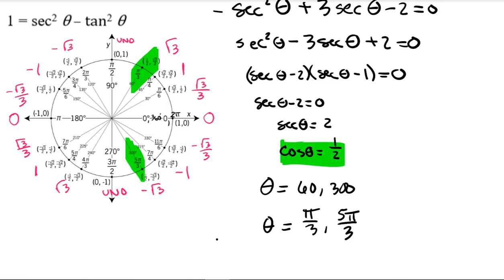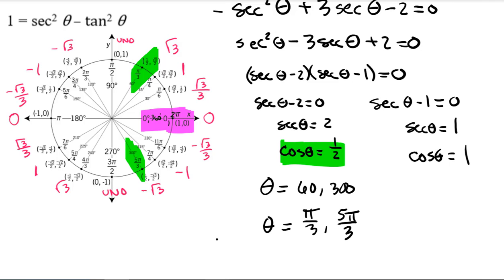Now for my other term here, I've got secant theta minus 1 equals 0, so that's going to be secant of theta equals 1. Do the reciprocals, so that would be cosine of theta, and the reciprocal of 1 is itself, so that would still be a 1. And where's cosine 1? So again, 1, that's my x-coordinate, so that'd be right here at 0 and 360, but be careful, because 360 is not included because of our domain restriction.